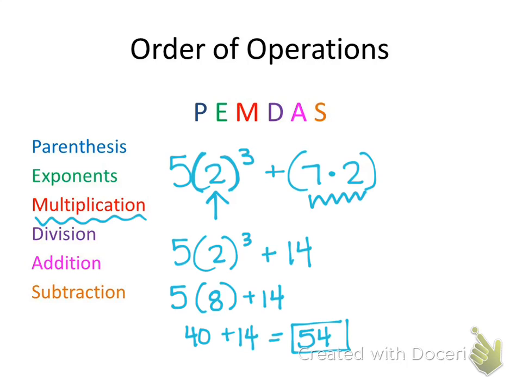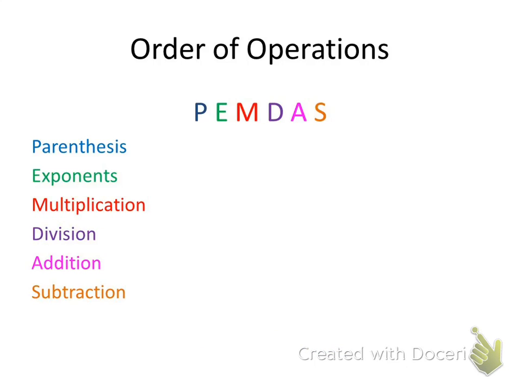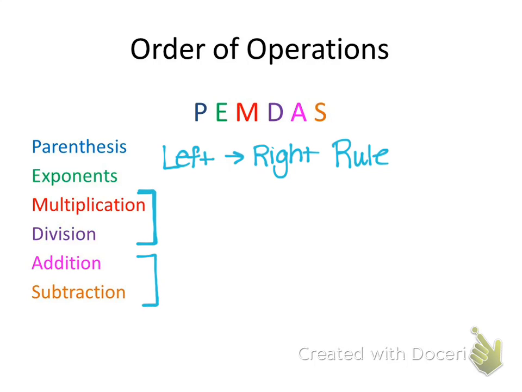Okay? Now, there's one other rule that I want you to write down that I did not write on this page. It is called the left to right rule. Okay? Write this down. Left to right rule. And what the left to right rule says is that multiplication and division are equal to each other, and addition and subtraction are equal to each other.